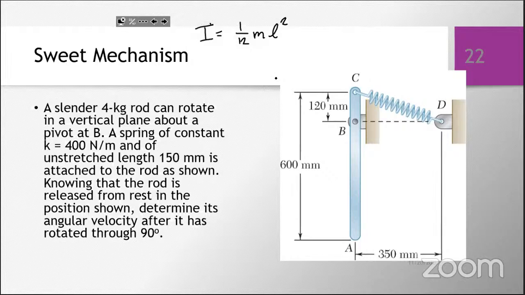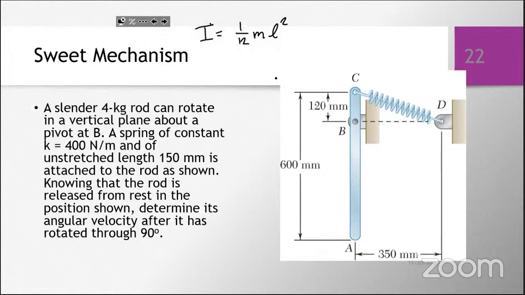Does it say anywhere in the problem statement that we have any friction or anything that's going to eat our lunch? No. So we can safely assume that we have no non-conservative forces. So we are just going to use conservation of energy to solve this problem, which means we need to understand two things that break into four things.